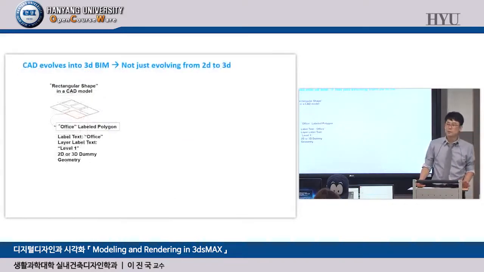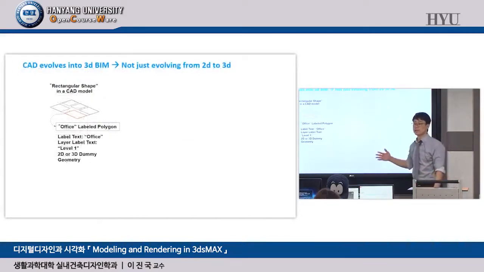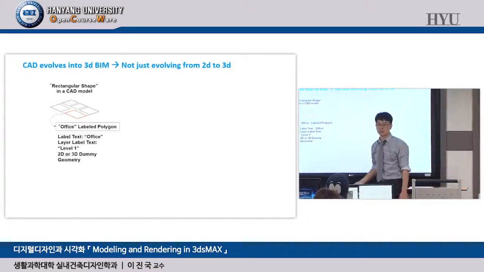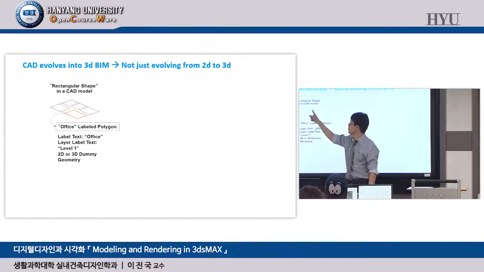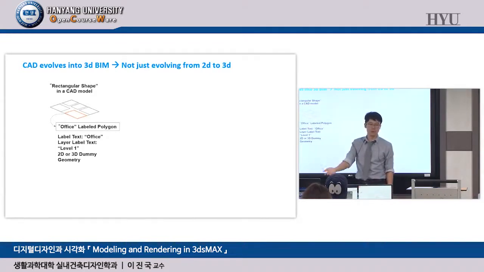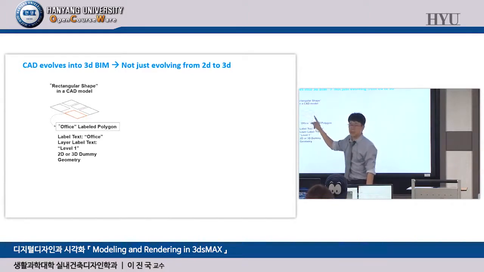But another important thing you have to know is they are not separated. They are not something separated. Let's take a look at this one. This is the conventional geometry-oriented approach. Think about the floor plan. You draw something like this and you say this is your design, okay, floor plan. There is a rectangle shape and you put an office label.